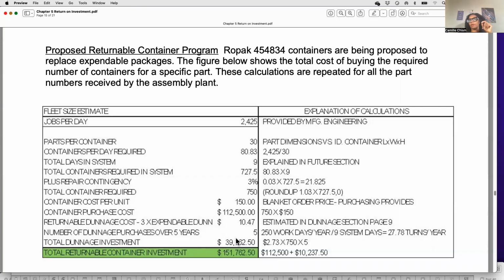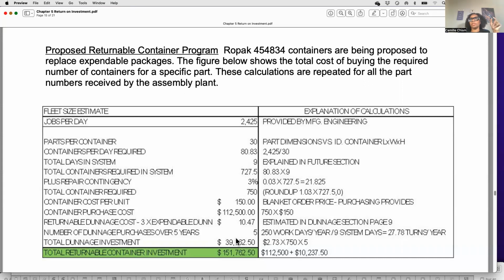That's important to know for a couple of reasons, because maybe for whatever reason some use a combination of returnable packaging with expendable dunnage. So it's important to know that they're telling you a piece of information you might need later.